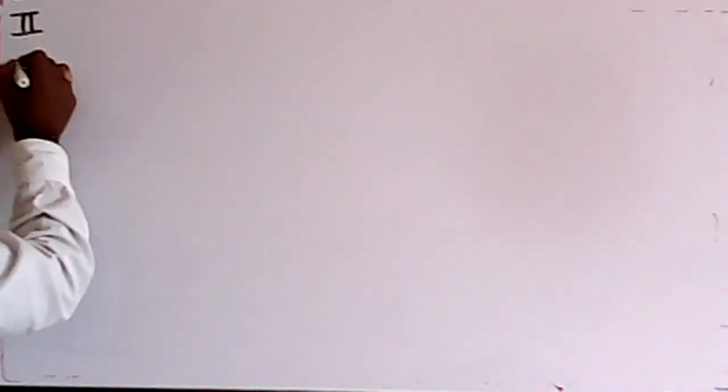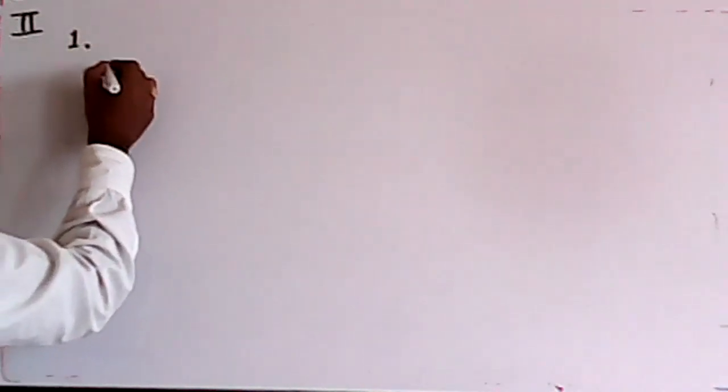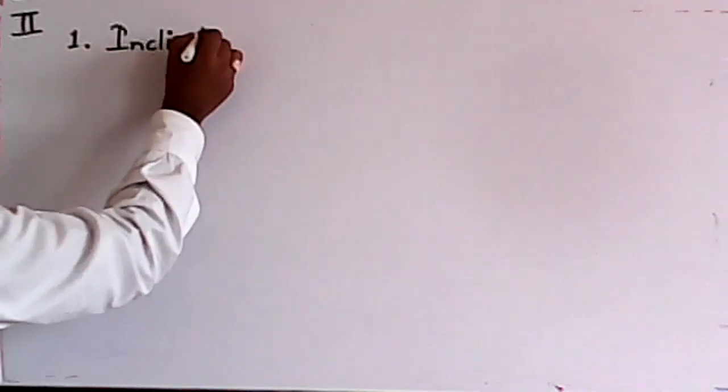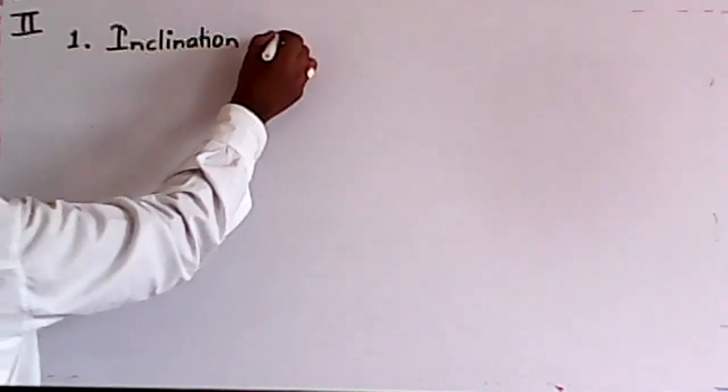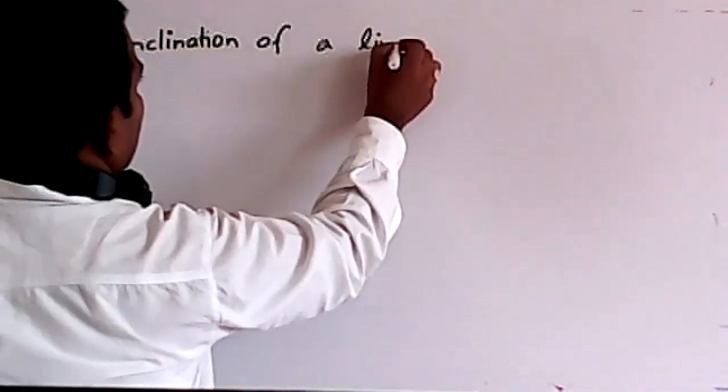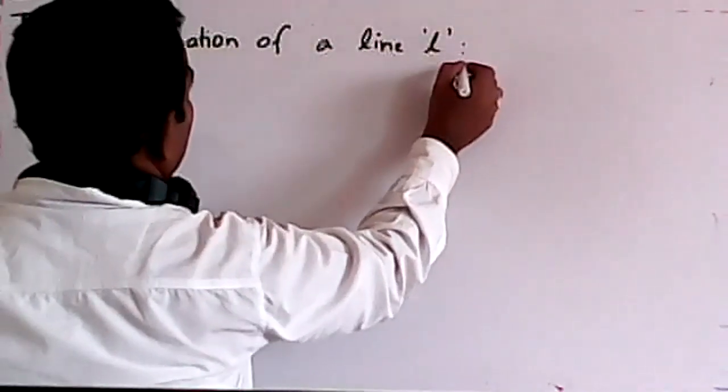Second part I'm going to take now. The first definition is inclination of a line L. Okay.